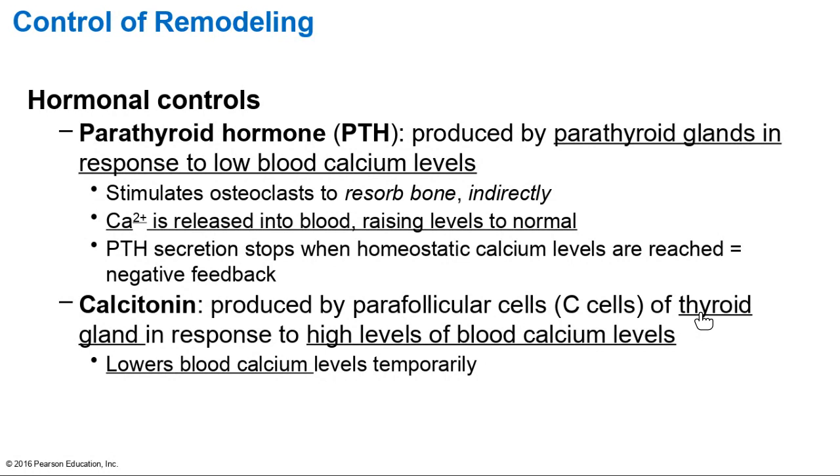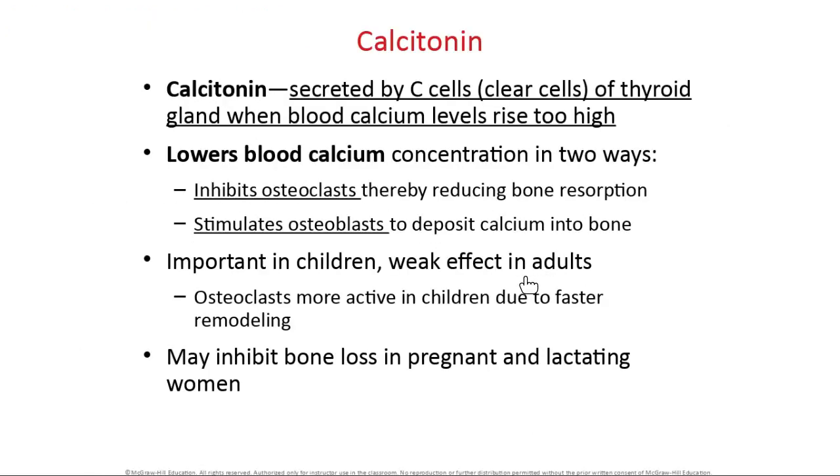And these are located in the thyroid gland, not parathyroid, thyroid. So calcitonin will be released from the thyroid in the opposite situation. All right, if we have too much blood calcium, then calcitonin will be released from the thyroid gland and end up lowering blood calcium levels. This is a temporary effect.